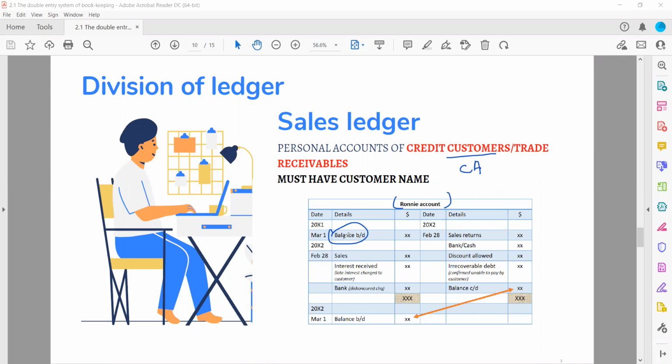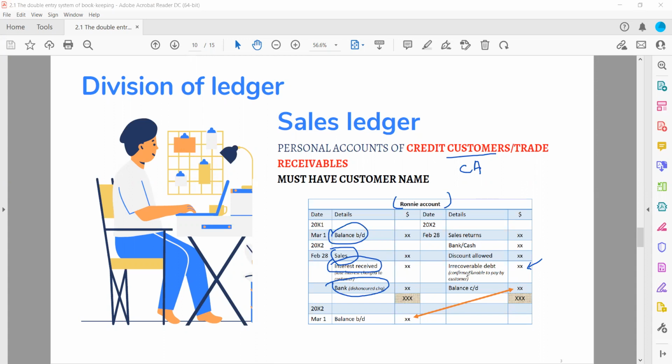The detail in the debit is standard. Sales, interest received. If you have this on the check, bank. Credit side has sales return, bank or cash, discount allowed. Irrecoverable debt. This one is money confirmed cannot be received in future.